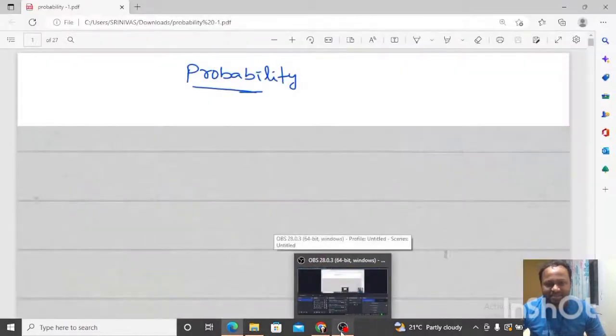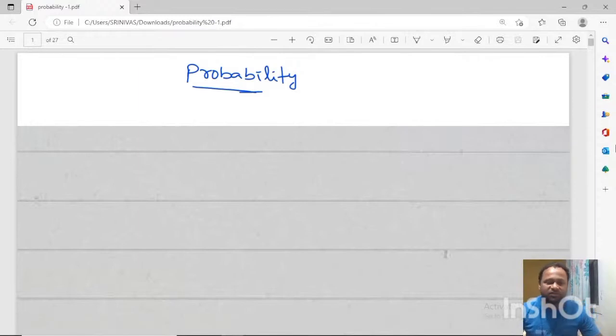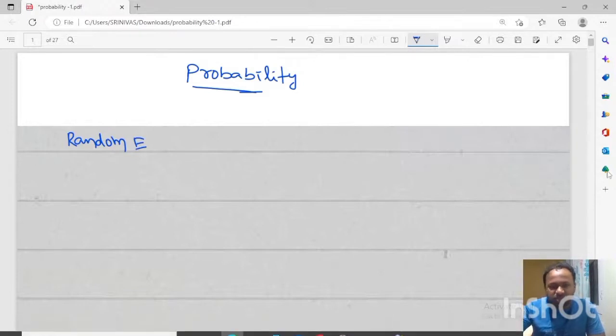Okay, yes. See the condition. First of all, we will discuss the definition of probability and what are the main conditions of probability. The first one is random experiment. What do you mean by random experiment?